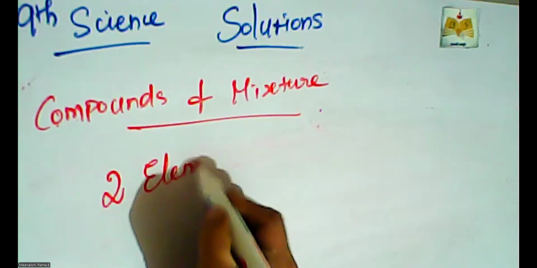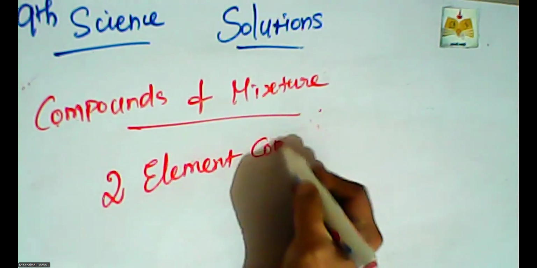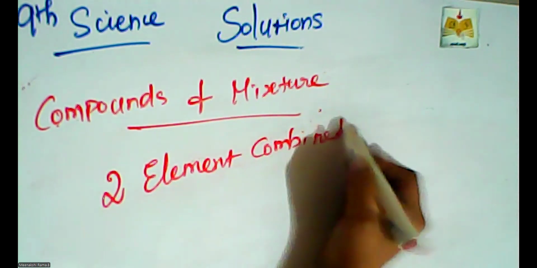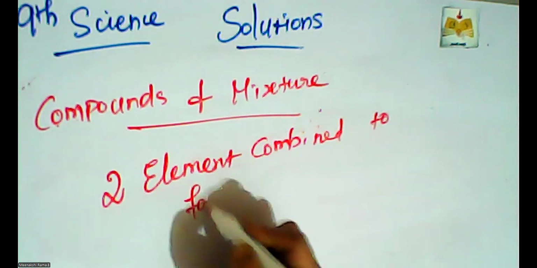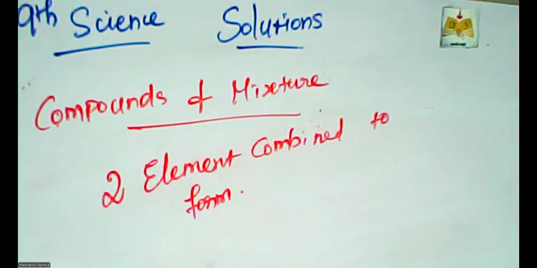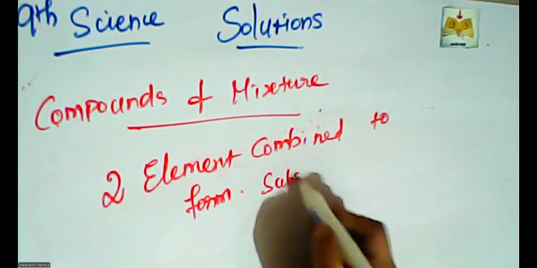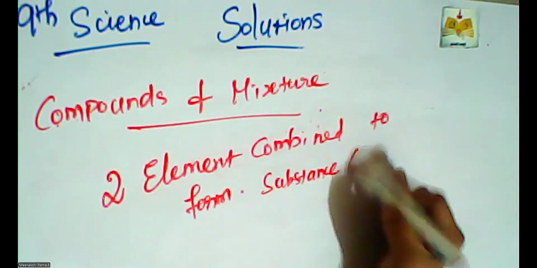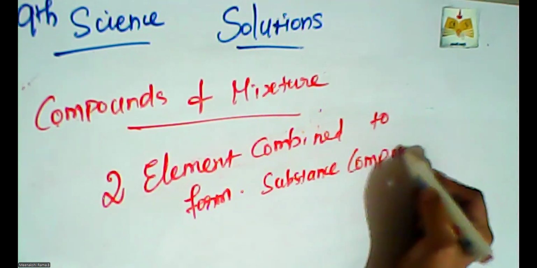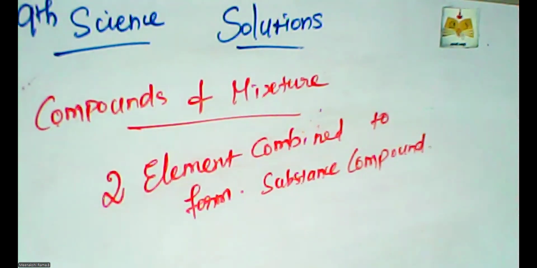Two elements combined to form a substance is called a compound. What is compound? Two elements are joined together to form a compound. So that new substance is called a compound. For example, water.